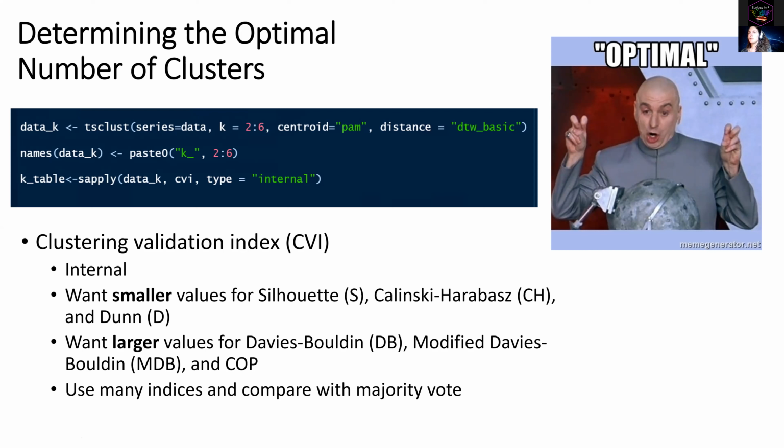You do have the option of using an internal or external. The internal is where you're going to be just considering your data itself to try to define a measure of cluster purity. Whereas the external, you're going to be comparing your partition data to a correct one. So essentially, to do the external one, you need some sort of ground truth data.